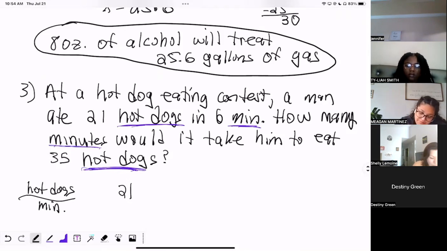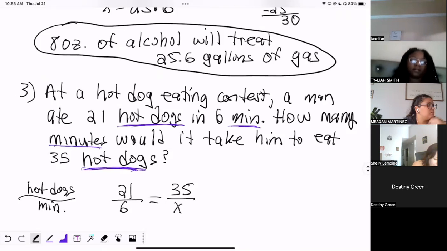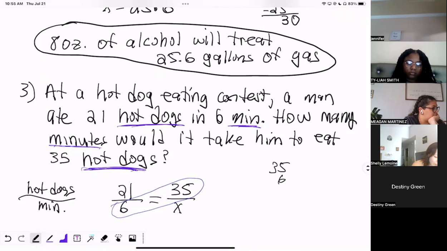All right, so hot dogs on top. So 21 hot dogs took 6 minutes. I want to know how many minutes 35 hot dogs, so it stays on top, will take. So notice all my hot dogs are on top and all my minutes are on the bottom. And once I do that, I can do my cross multiply. 35 times 6 is 210.